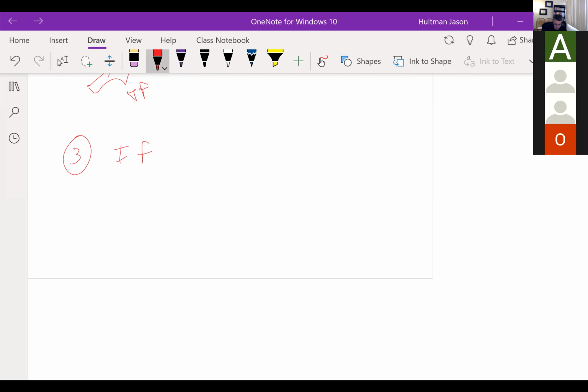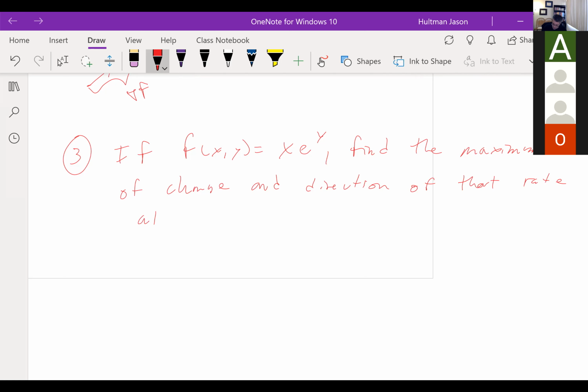If f of x, y is equal to x e to the y, find the maximum rate of change and the direction of that rate at the point (2, 0).